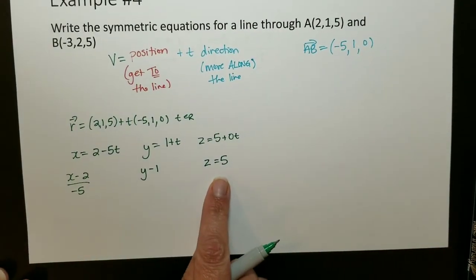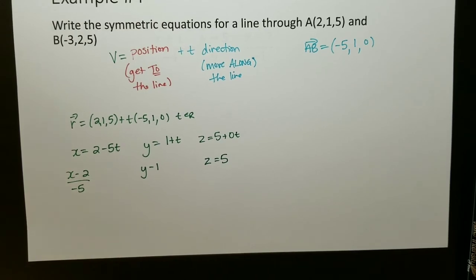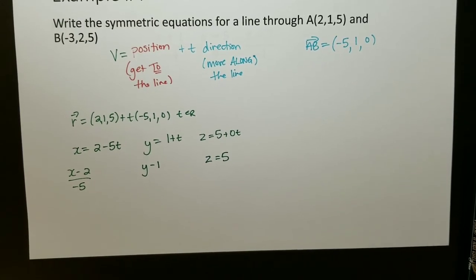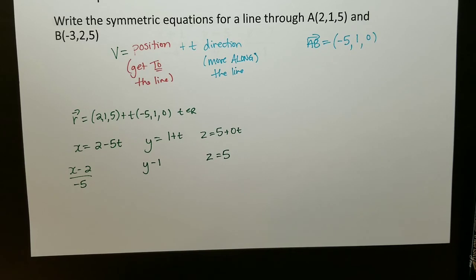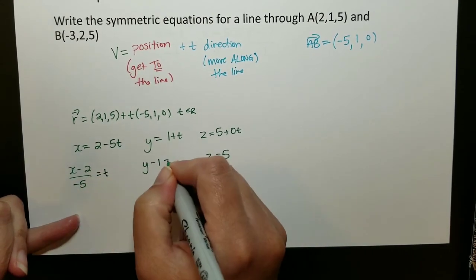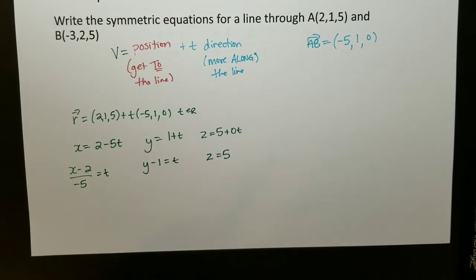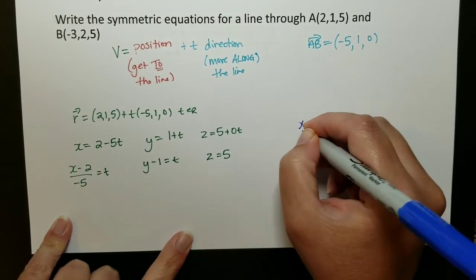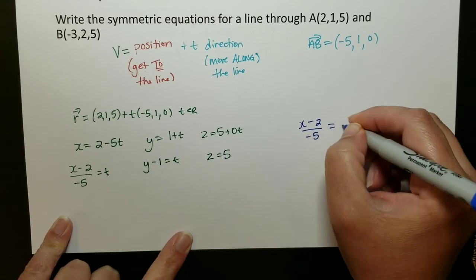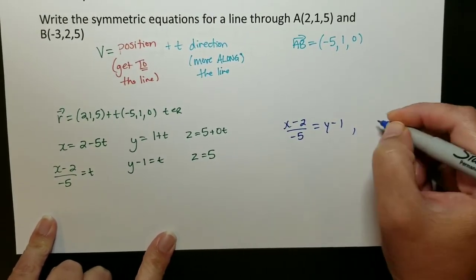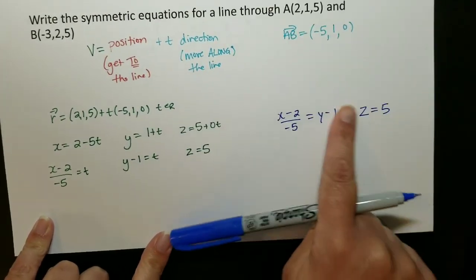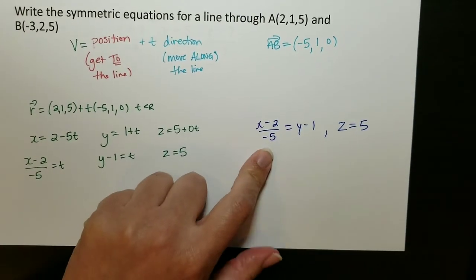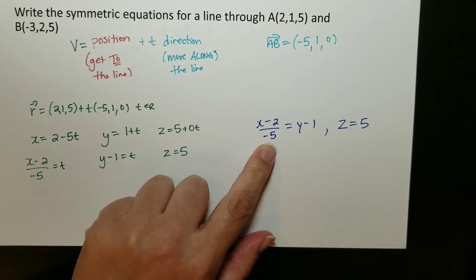So sometimes that really throws people for a loop in terms of what to do. I can't solve for t because there isn't a t in that equation. And that's okay. Sorry, both equal to t. When we do our symmetric equations, we would write (x minus 2) over -5 equals y minus 1, comma, z equals 5. So this one is actually an equation in 2 dimensions.